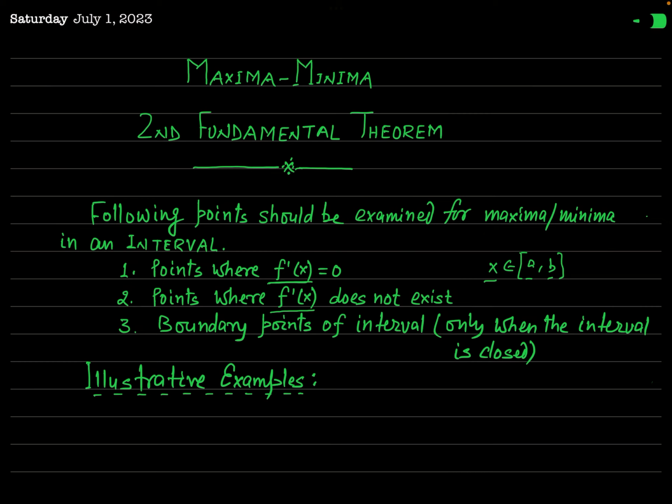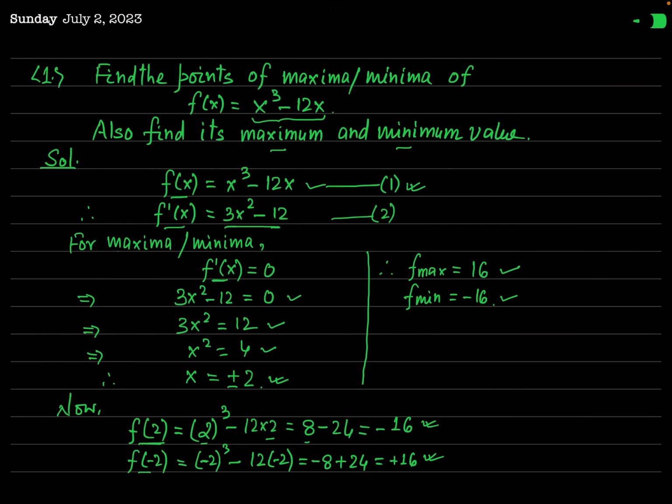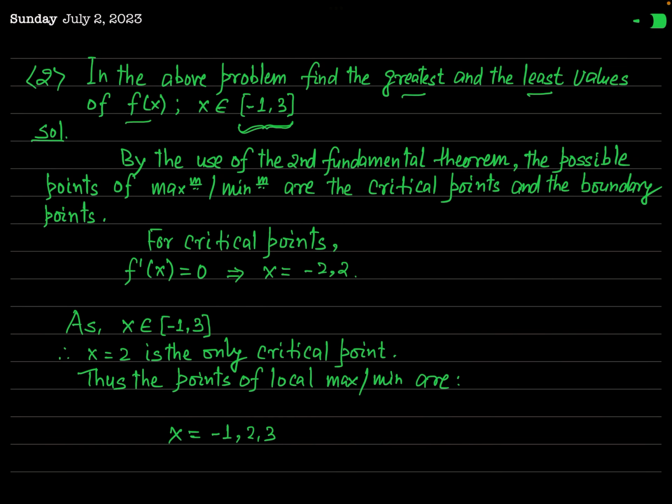Critical points are those points which lie between a and b, and then we have to check the value of the function at the boundary points a and b and also at the critical points. So first of all, in this problem, we have to find the critical points, and we have already learned about critical points in the previous lecture.